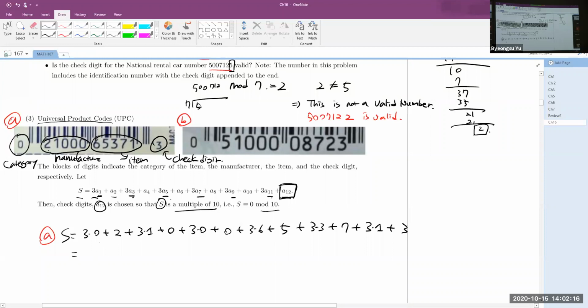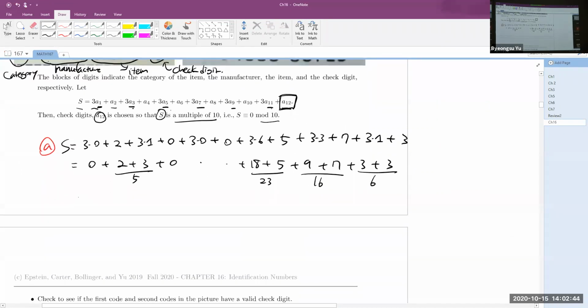Then if you calculate it, this is 0, 2, 3, 0, 0, 0, 3 times 6 is 18, 5, 9, 7, 3 plus 3. Adding these numbers gives you 5. This number gives you 23. This number gives you 16. This number gives you 6.